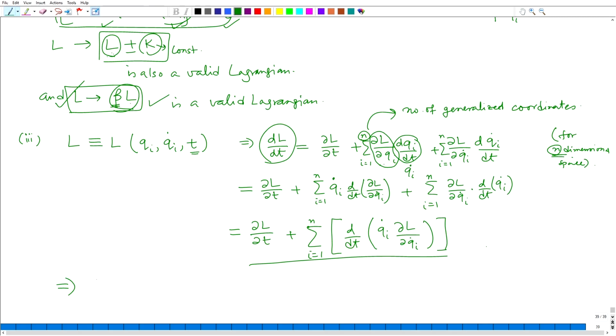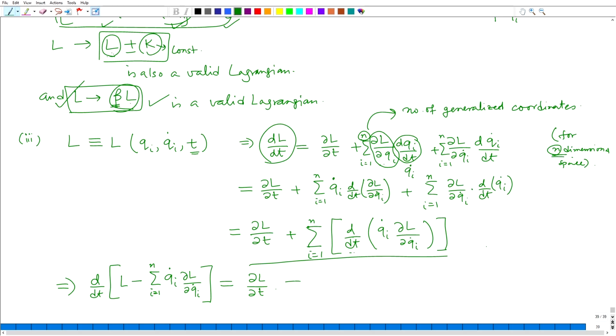This d/dt and the summation can commute because they are totally independent. d/dt is just the time derivative and summation is just acting on the number of generalized coordinates. So, I can take this thing on one side: d/dt of L minus summation over i from 1 to n qi dot ∂L/∂qi dot is equal to ∂L/∂t.